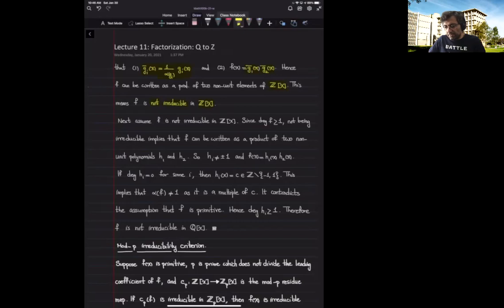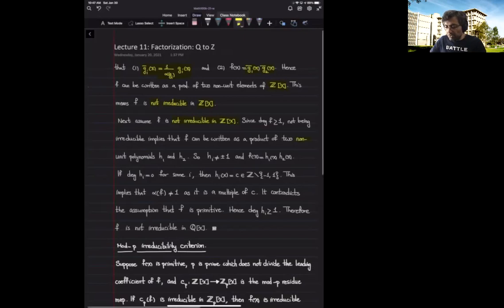Now let's go the other way around. Suppose that f is not irreducible, but this time in Z bracket x, and I want to deduce that it cannot be irreducible in Q bracket x. Again, because it's a non-constant polynomial, it cannot be a unit, and it cannot be zero either. So that means not being irreducible is equivalent to saying that I can write it as a product of two non-unit polynomials.